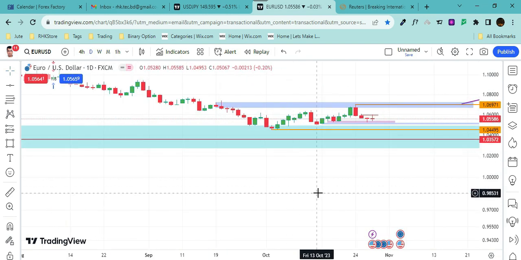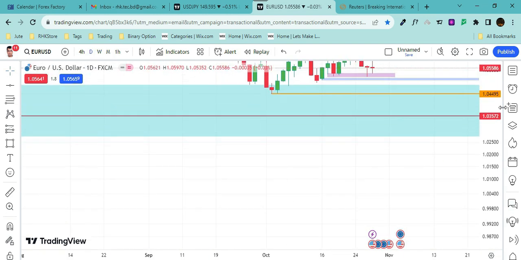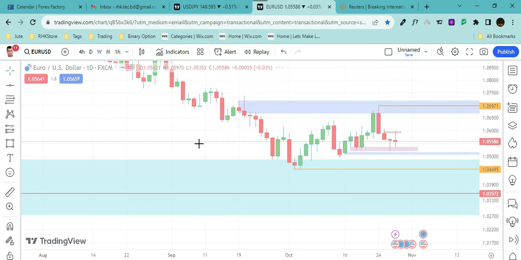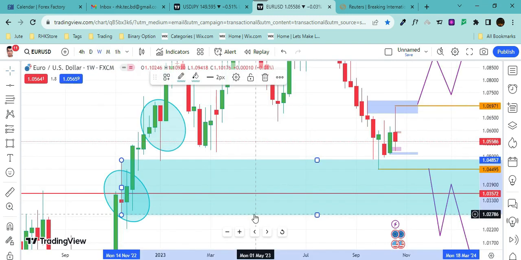So going to day, we have this zone now. Let me get rid of some of the things so we can understand.